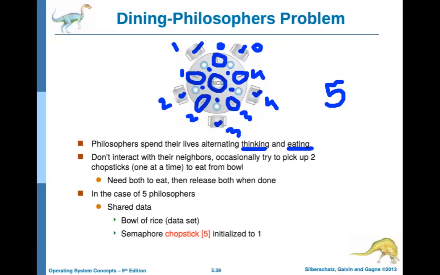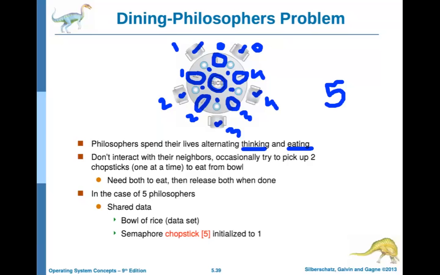Because looking at this diagram, you can see that it's like a circular queue. So for example, for philosopher number 0, what I need is chopstick 0 and 4. For 4, I need 3 and 4. For 3, I need 2 and 3. For 2, I need 1 and 2. For 1, I need 0 and 1. In all, I can say for the ith philosopher, I need i plus 1 mod 5. Something like that. Okay.